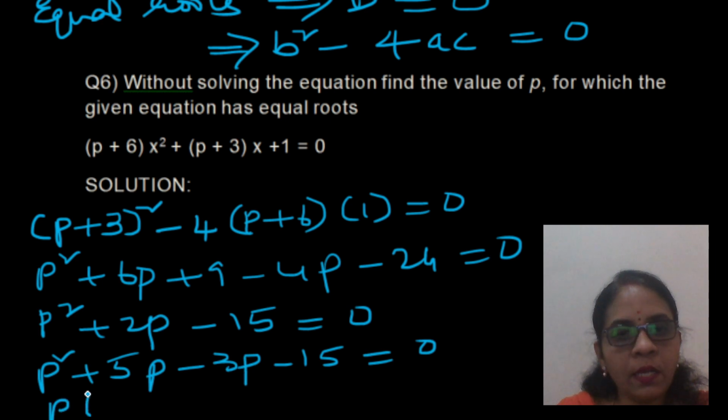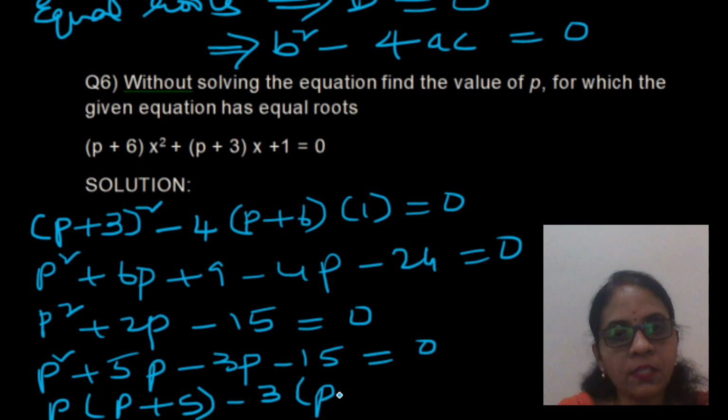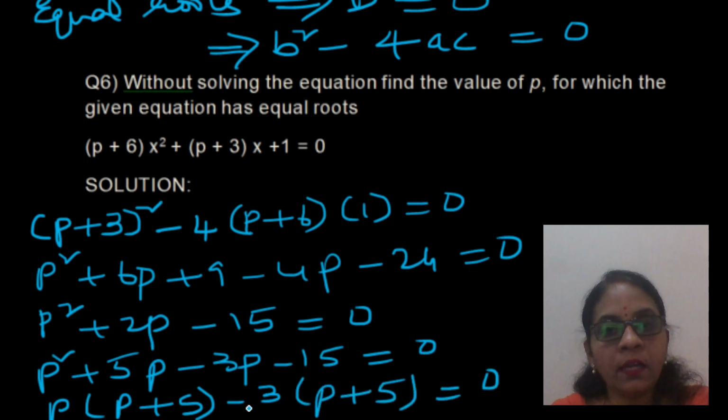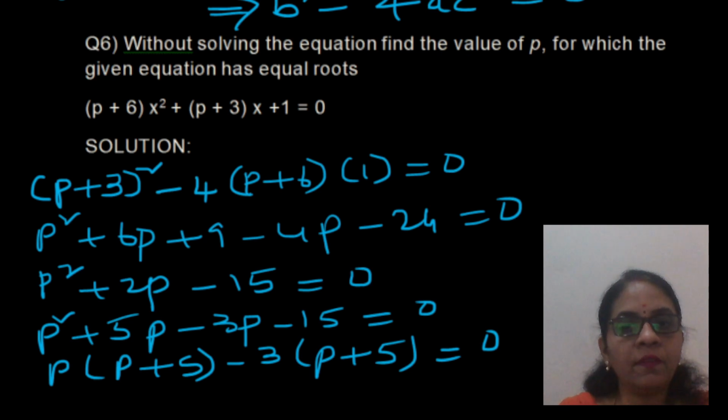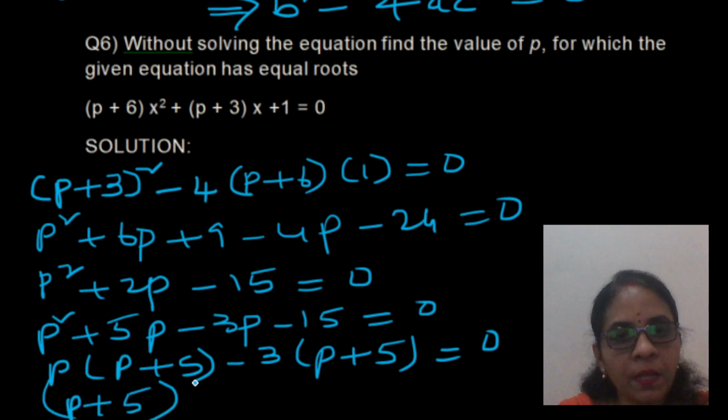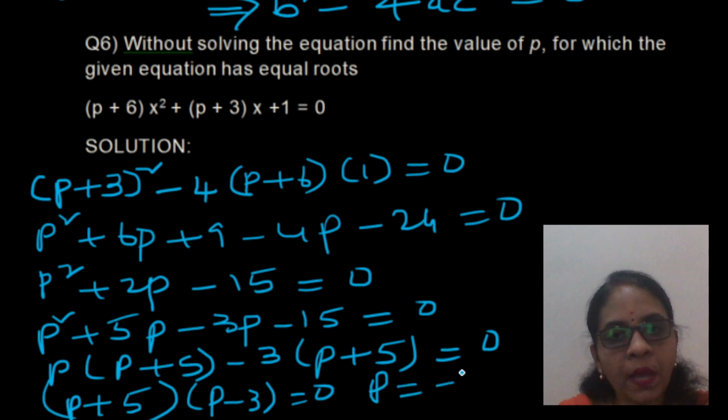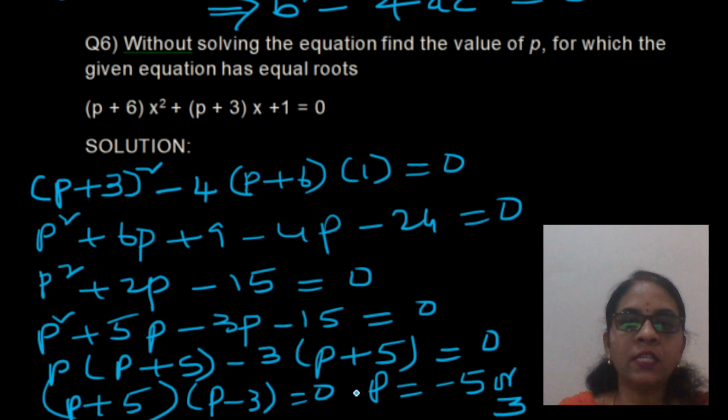So it is p into p plus 5 minus 3 into p plus 5, which is equal to 0, and that makes it p plus 5 into p minus 3 is 0, which makes p is minus 5 or 3. That is the value of p.